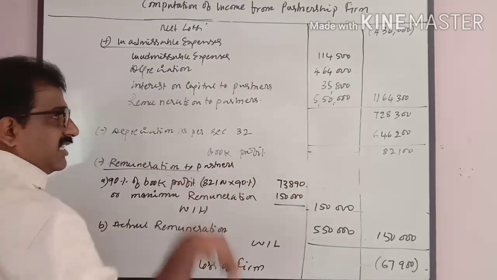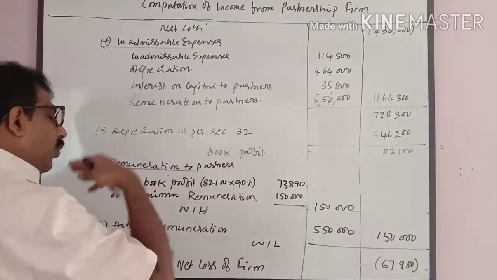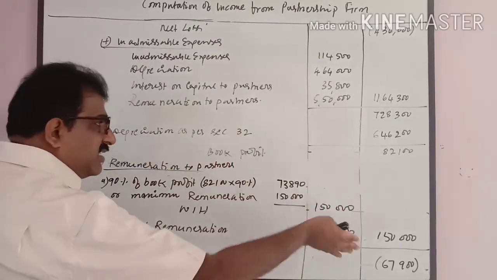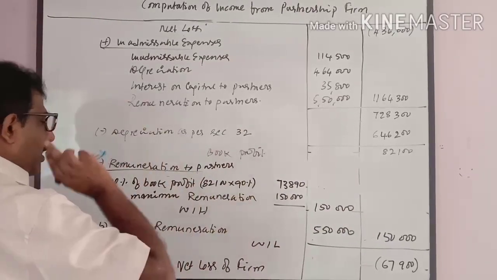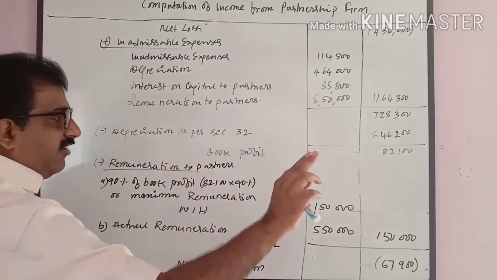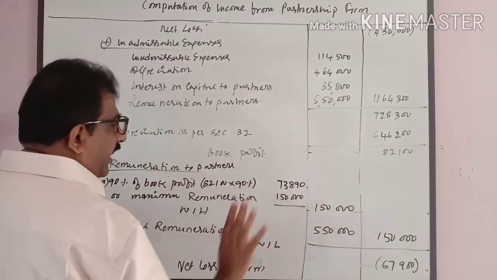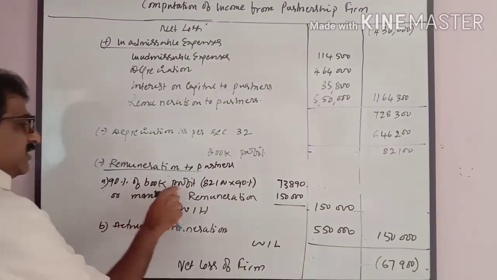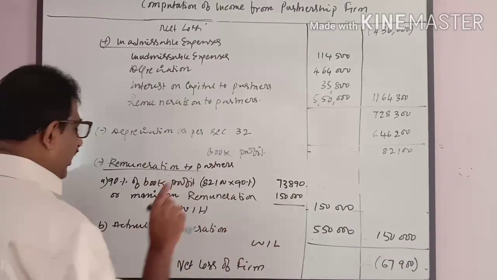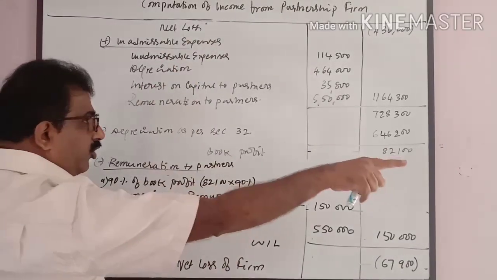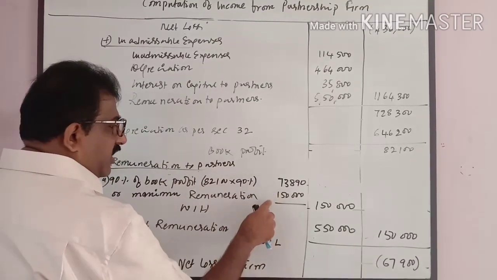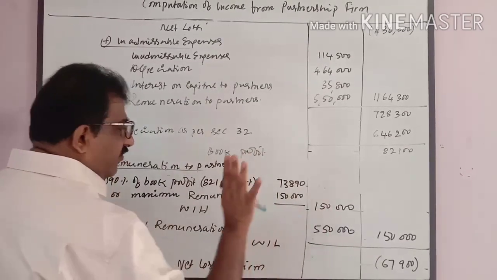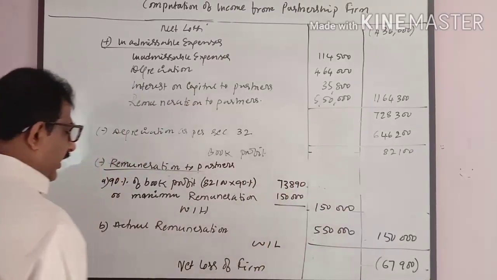When book profit is less than 3 lakhs, whether it is a loss or less than 3 lakhs, the first provision is 90% of book profit or the maximum 1,50,000, whichever is higher should be taken into consideration.